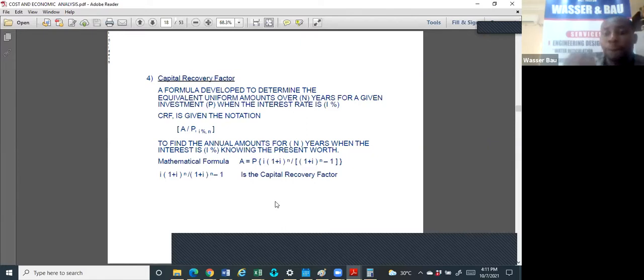That is what we call capital recovery. It is the uniform series of payments that you have to pay in order to recover this P.